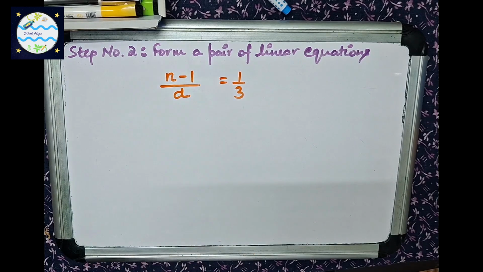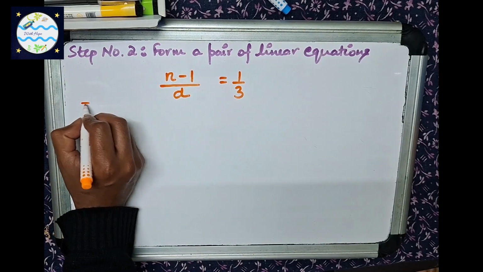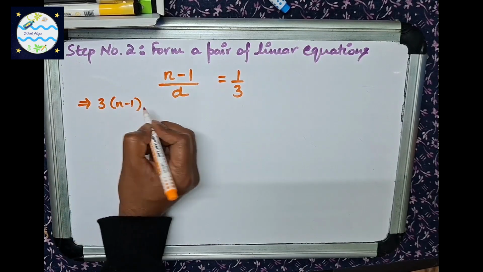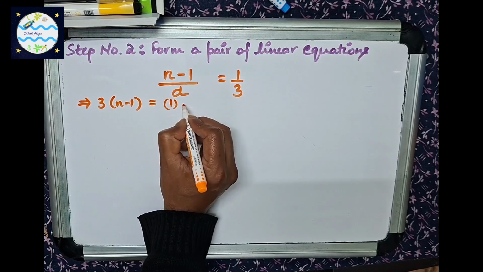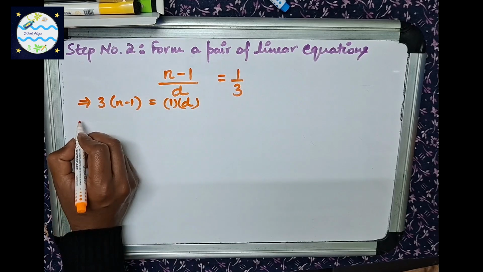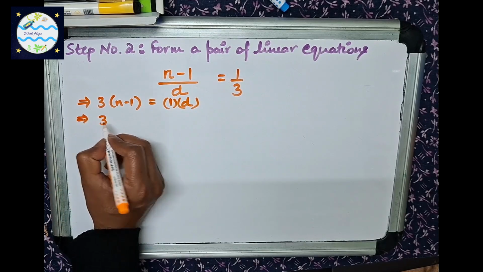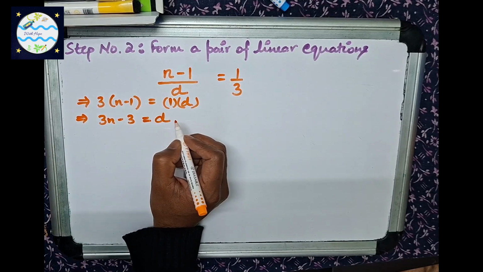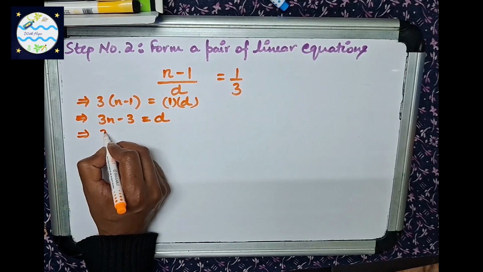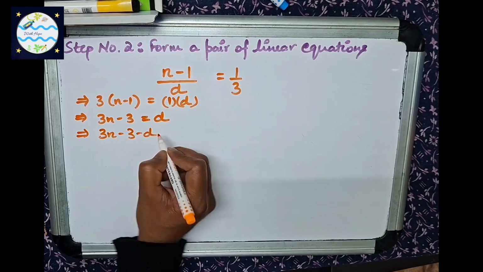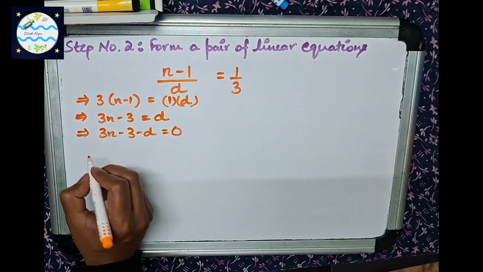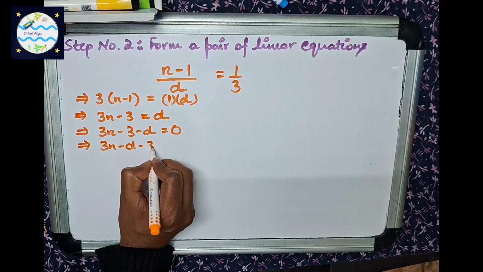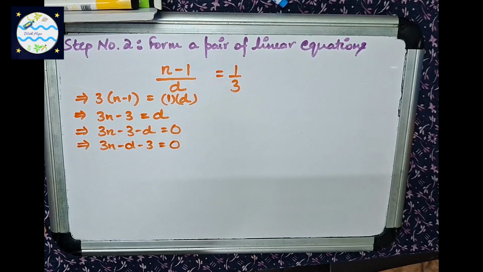On cross multiplication, we get 3 times (n minus 1) is equal to 1 times d, which implies 3n minus 3 is equal to d, which implies 3n minus 3 minus d is equal to 0, which implies 3n minus d minus 3 is equal to 0 after rearranging the terms.